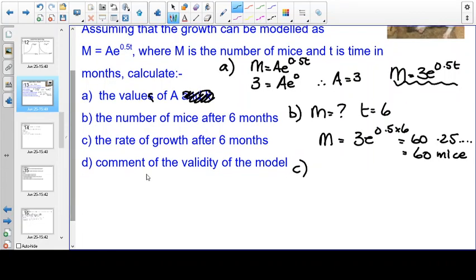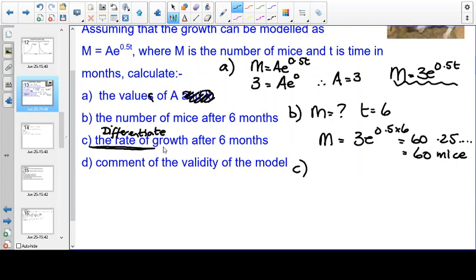Okay, now it says the rate of growth after 6 months. So if it says anything to do with rate, we are talking about differentiation. We are going to differentiate our formula.